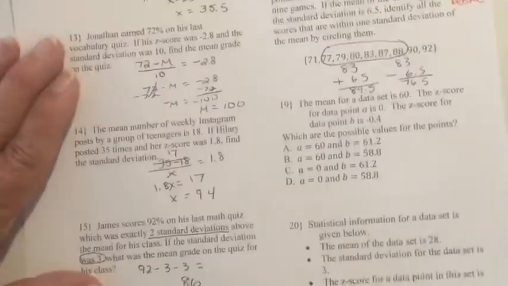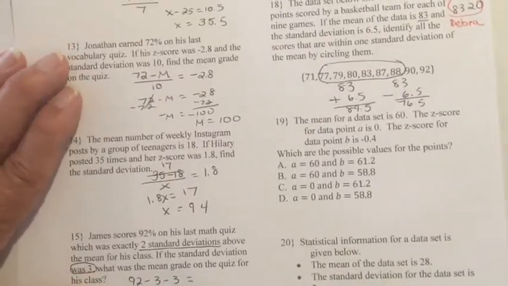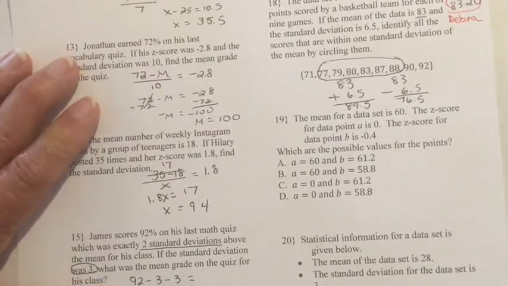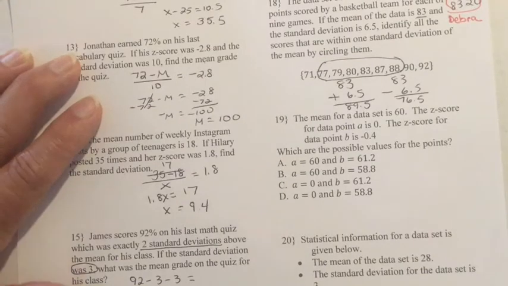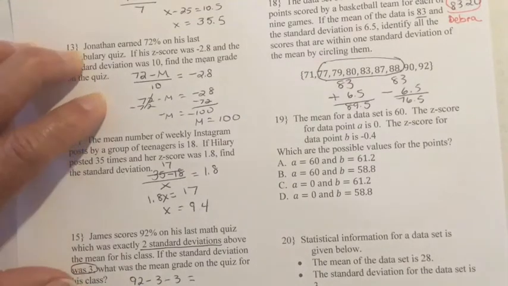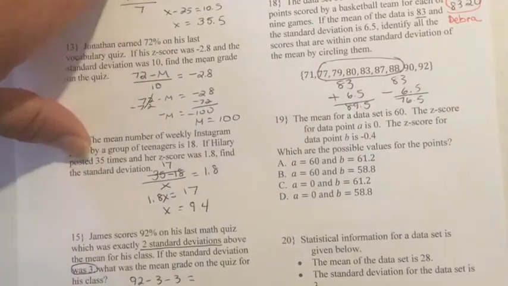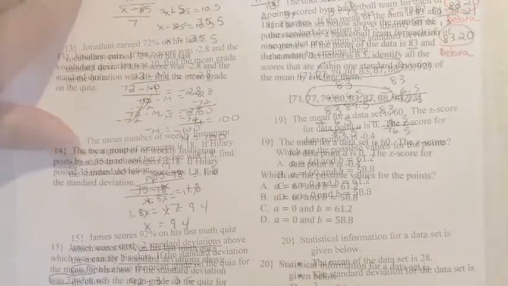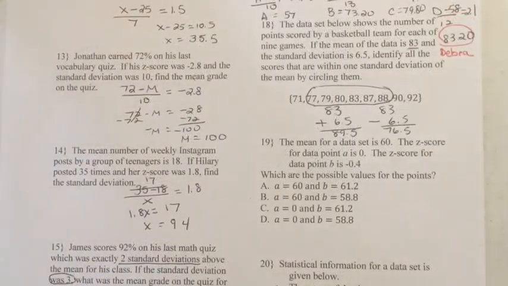Okay, 2 more questions and we are done. Number 19, it gives you the average and the z-score for 2 different points. And you want to figure out what those points can be. So you're going to first just need to kind of rationalize what's going on here. That 0 is a pretty important point.